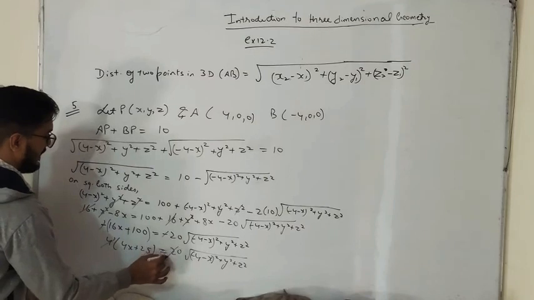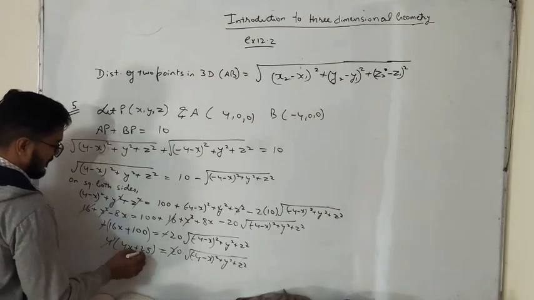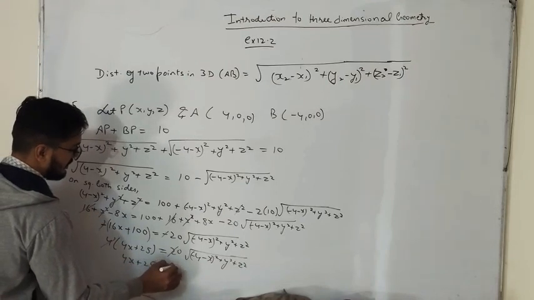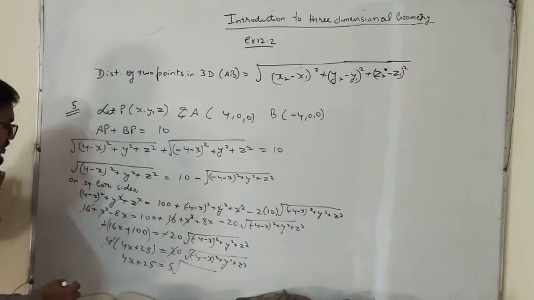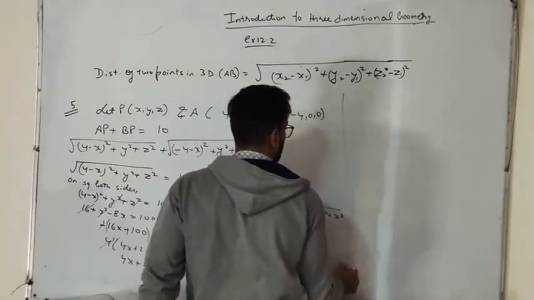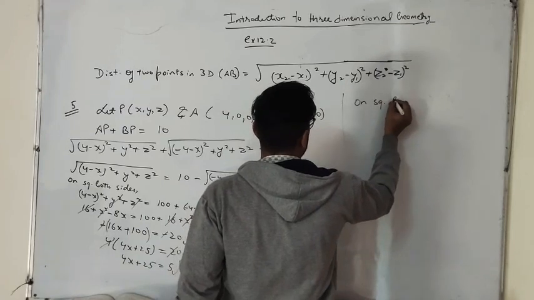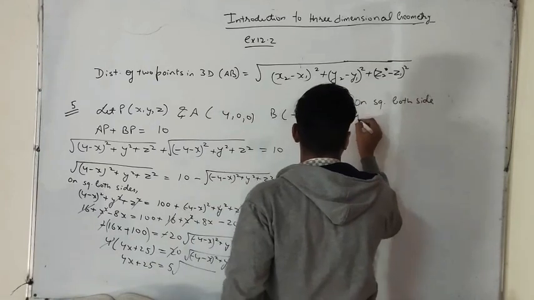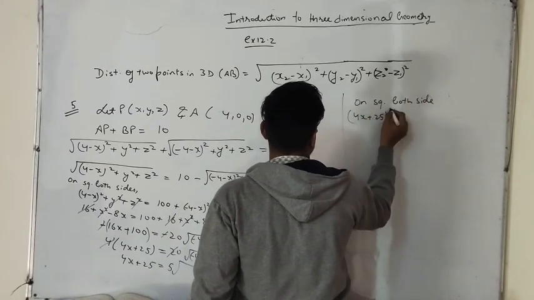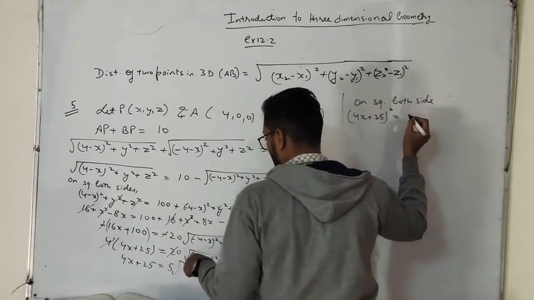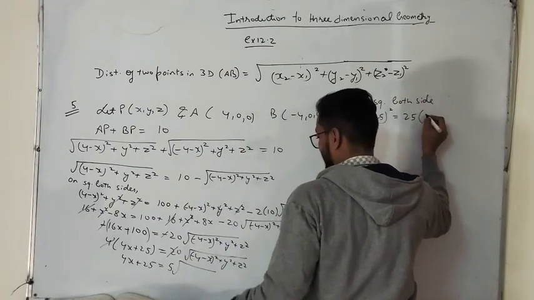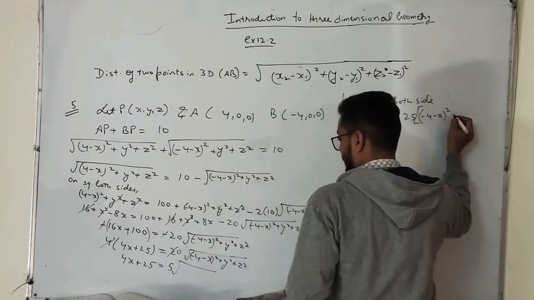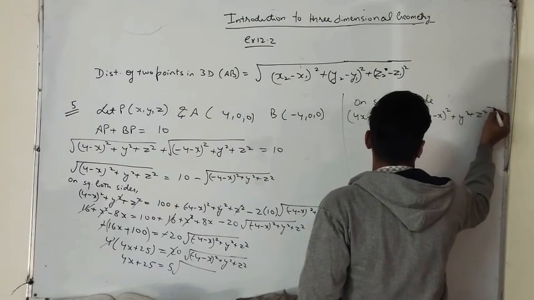So 4 times 5 is 20, so this is 4x plus 25 is equal to 5 square root of the same thing. Now on squaring both the sides again, we can eliminate this root. So 4x plus 25 whole square is equal to 5 square, which is 25, bracket minus 4 minus x whole square plus y square plus z square, right?